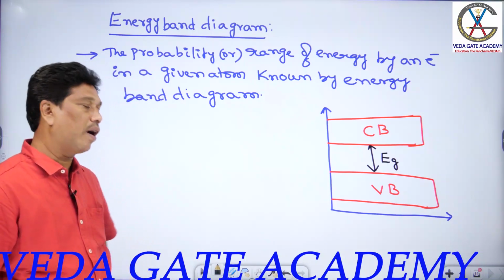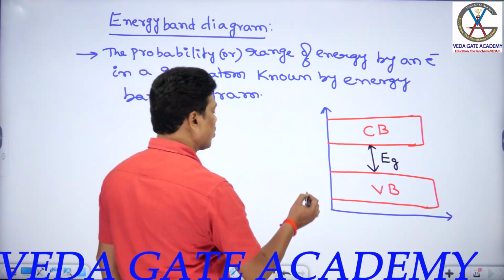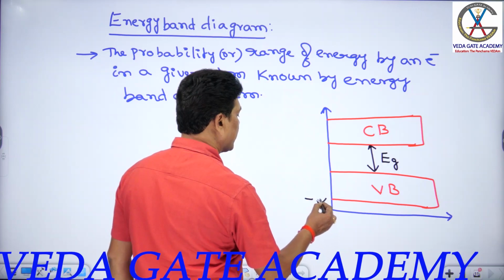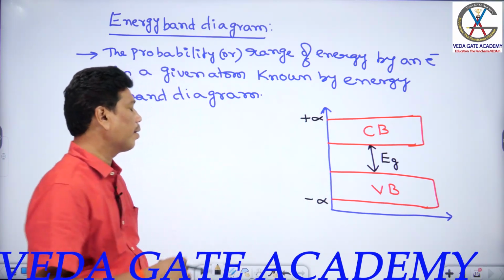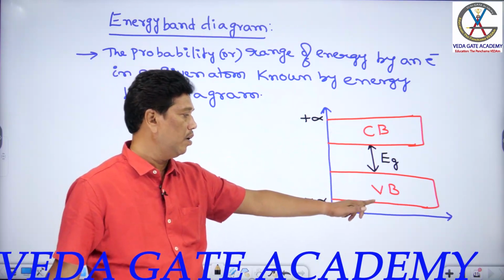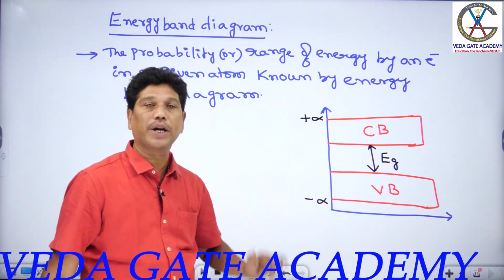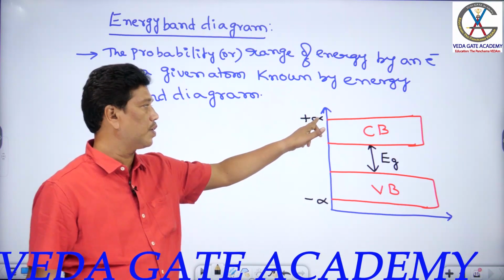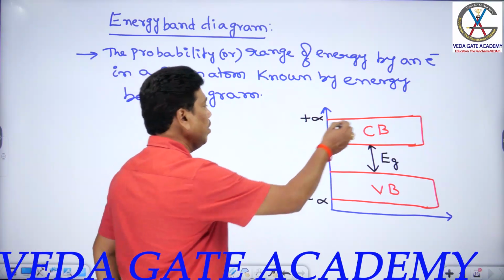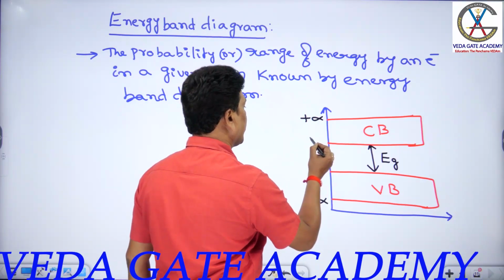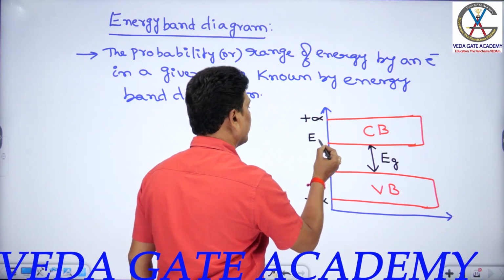According to the condition, the energy range of an electron is always from minus infinity to plus infinity. What is the meaning of that? The upper level of the conduction band and the lower level of the valence band are undefined states. So this is plus infinity, this is minus infinity. The lowest energy of a carrier in the conduction band is denoted by EC.